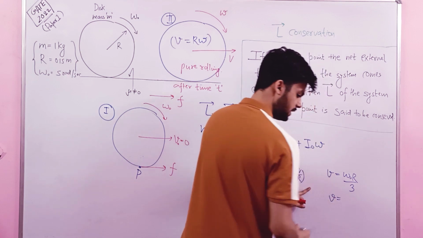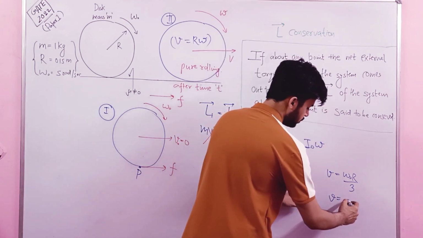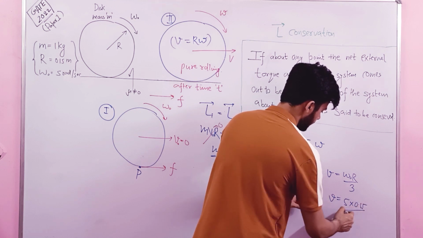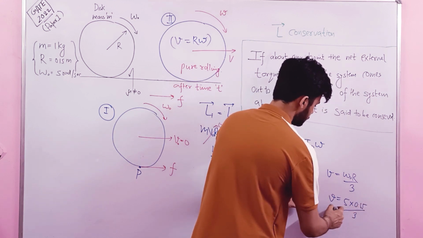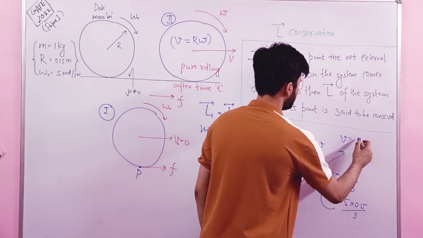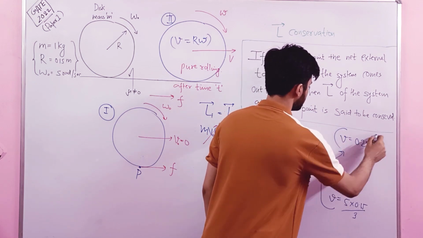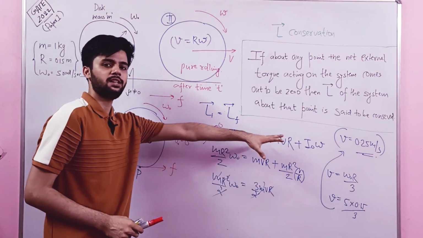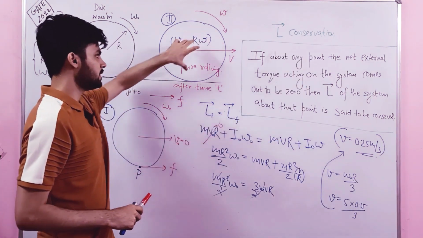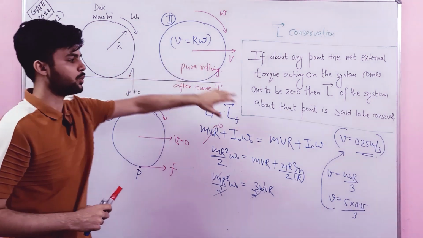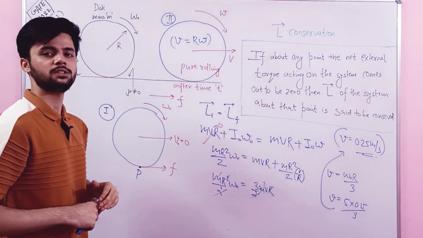So the value of v will come out to be omega naught is 5, r is 0.15, and 3. So the value of v is going to be 0.25 meter per second. So the linear velocity with which this disk will start pure rolling is 0.25 meter per second.